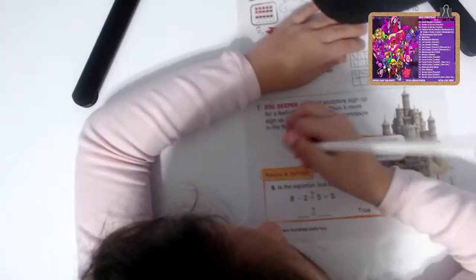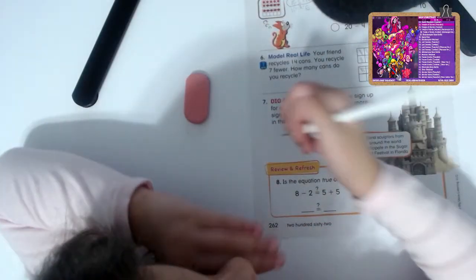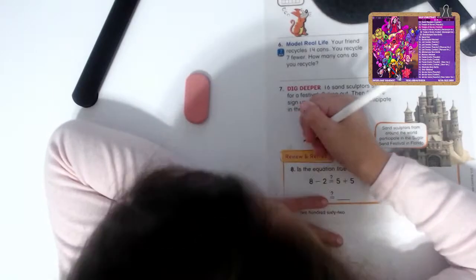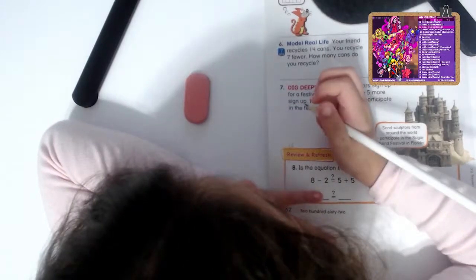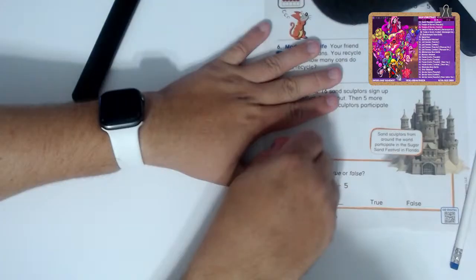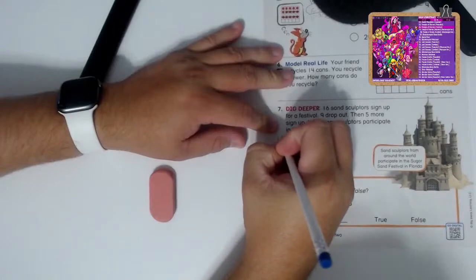The equation is 16 minus 9 plus 5 equals. Really, you have all of this space to work in, I don't know why it is so small.